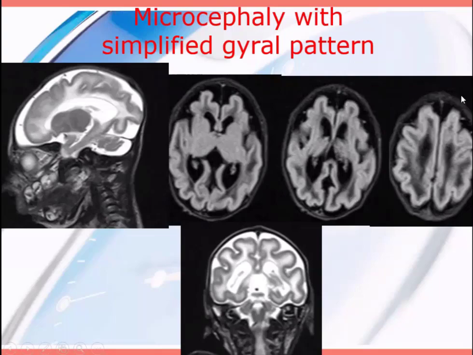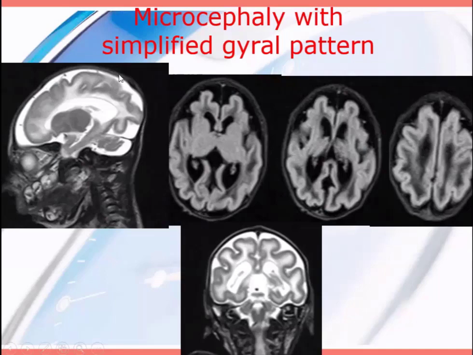So this is called microcephaly with simplified gyral pattern, meaning that it is the same as the intrauterine brain, and it is due to arrest of the growth of the brain early in the intrauterine life, and this means severity of the cytomegalovirus.